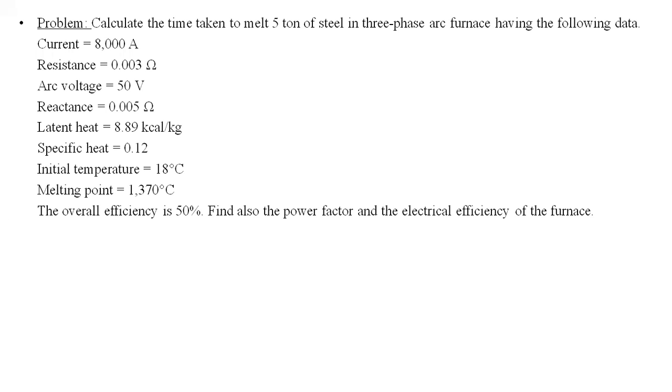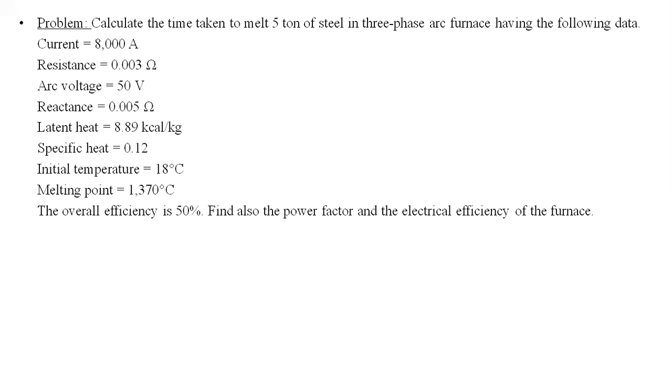The reactance is 0.005 ohms, latent heat 8.89 kilocalories per kg. He has mentioned per kg, but the material we have taken is 5 tons. The specific heat of that material is 0.12 and the initial temperature of the material is 18 degrees.